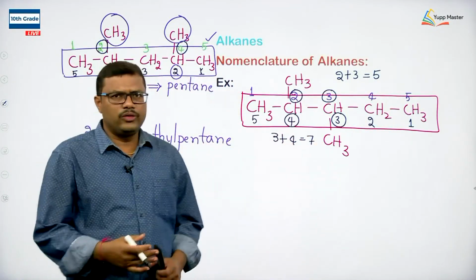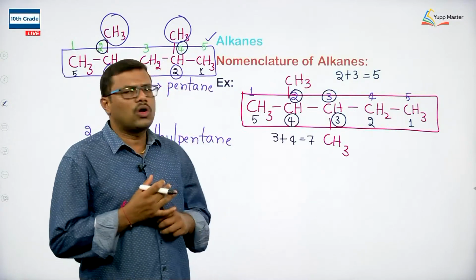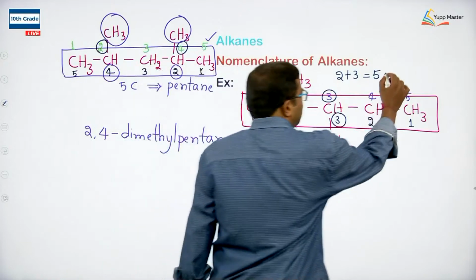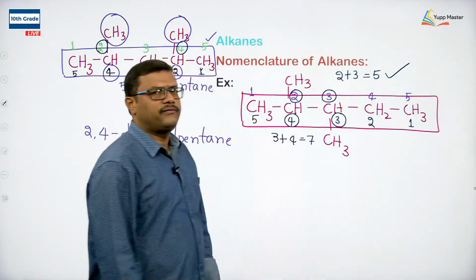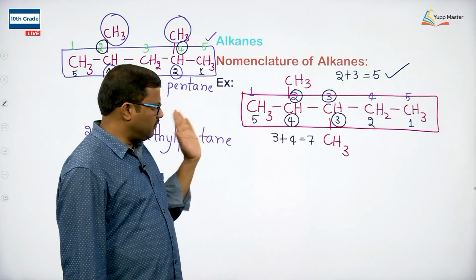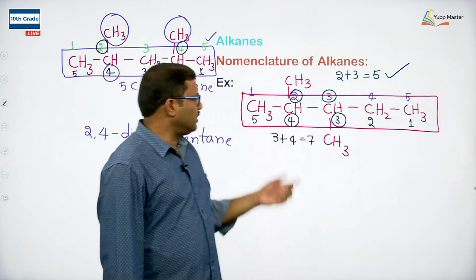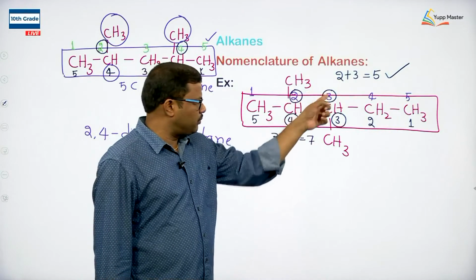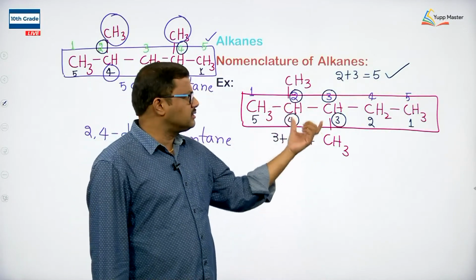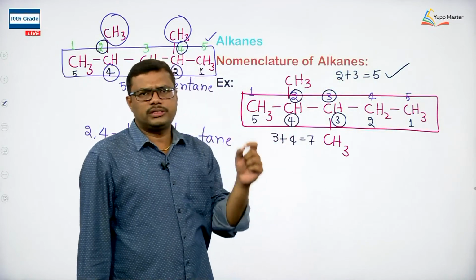So according to the IUPAC, the sum of the locants should be the lowest possible. So 2 plus 3 equal to 5 is the correct way of numbering the carbon chain, okay. So I am numbering the carbon chain from left to right such that the substituted carbon gets the lowest possible number, and when we go for the sum of the locants, the sum should be lowest possible.